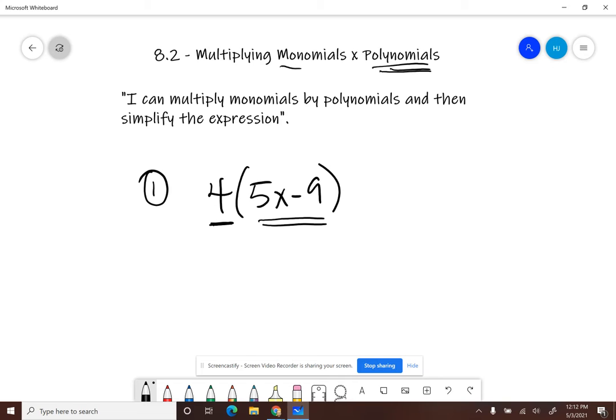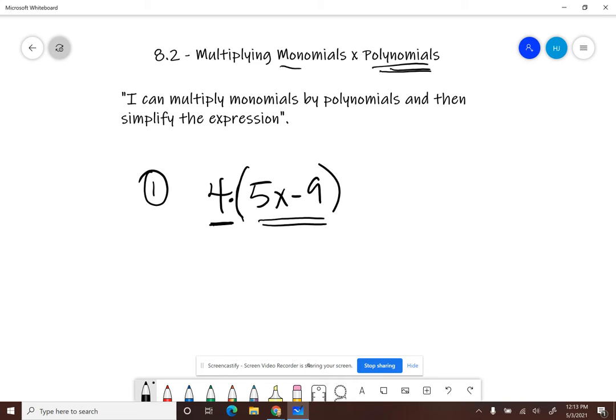A bicycle has 2 wheels. A tricycle has 3 wheels. So you kind of get the idea of how this goes. Anytime we've got a number right beside a binomial like this, with parentheses, we understand that there is multiplication here. This 4 is being multiplied not only by the 5x, but by the negative 9 as well.